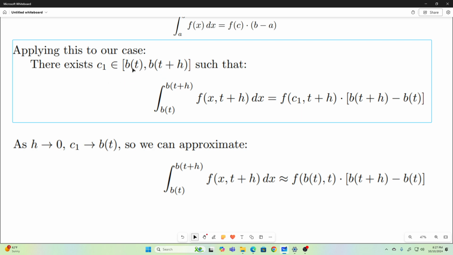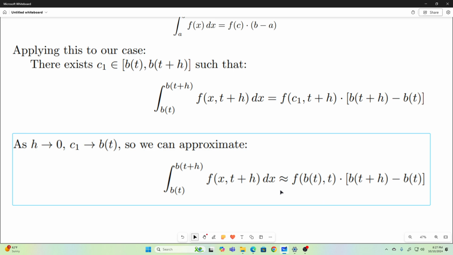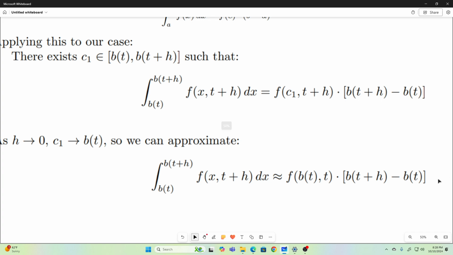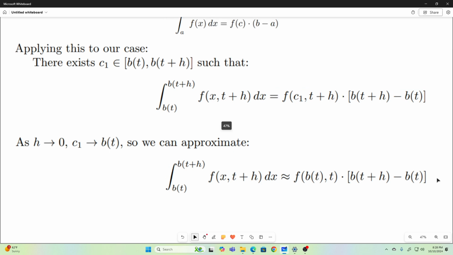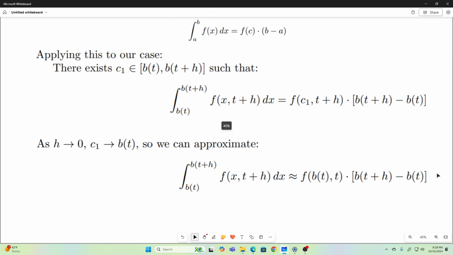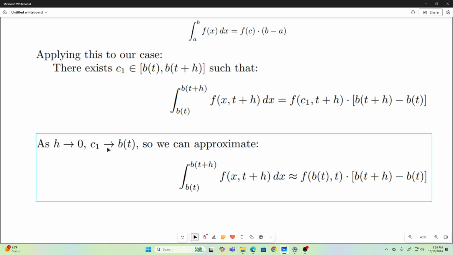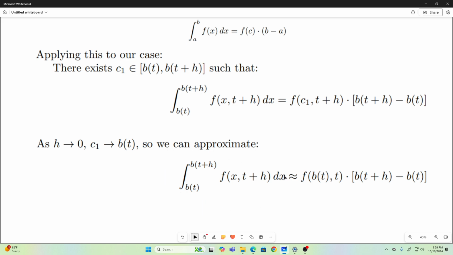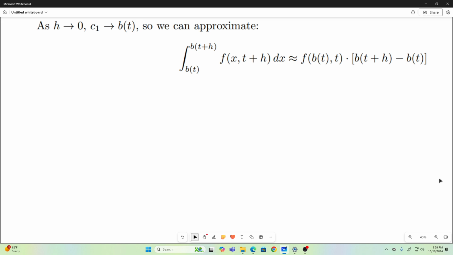C1 is going to approach b of t, so this integral right here approaches this value. So we can replace our C1 with b of t, and therefore we can replace this integral with this value right here. I hope that makes sense.